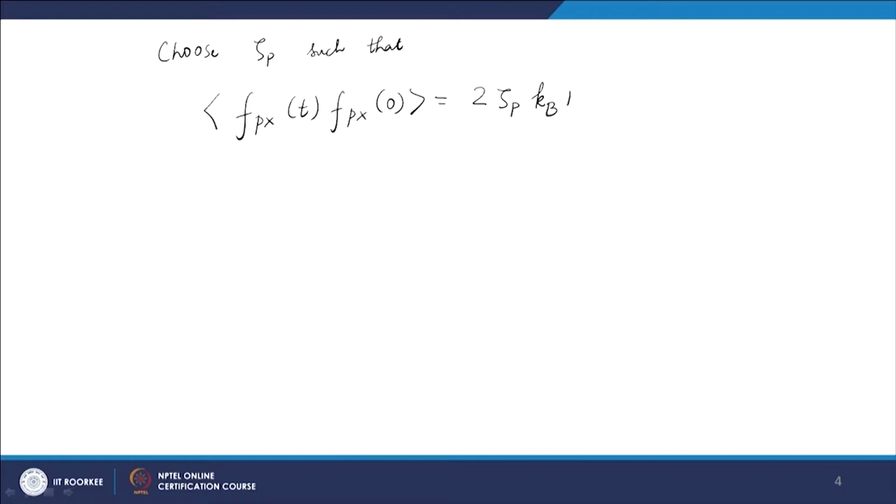We choose zeta_p such that f_p(t) f_p(0) follows a relation similar to what we had for the random function f_r, equal to 2 zeta_p k_B T delta(t).